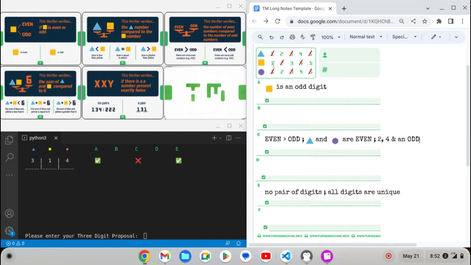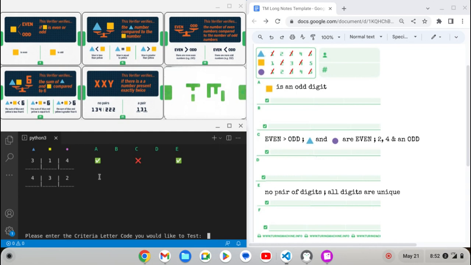So basically it's going to be a middle digit that's odd, and then the triangle and circle are just going to flip the 2 and 4s. So let's just go with 4, 3, 2. Let's just test that out. I don't think there's anything to be gained by overanalyzing. So let's do 4, 3, 2.